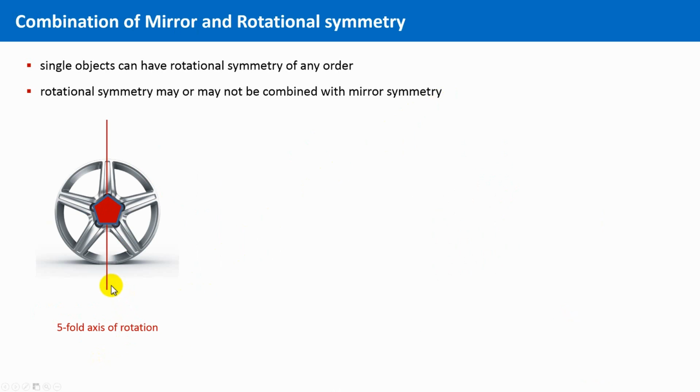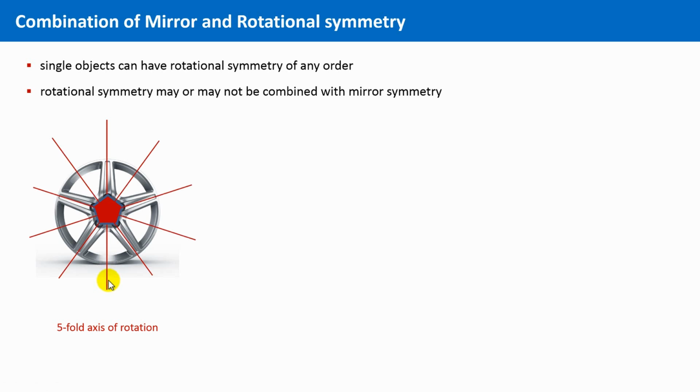The question is, how many mirror planes do we have to specify for our correct classification? This is one mirror plane, but there are also these additional 4 planes as well.